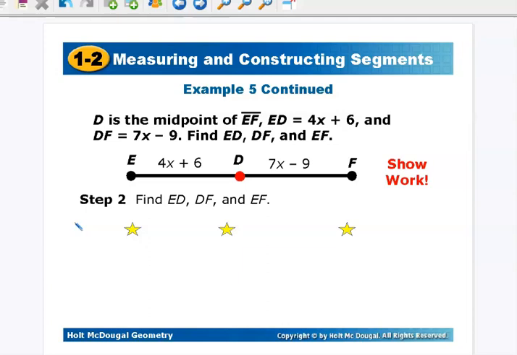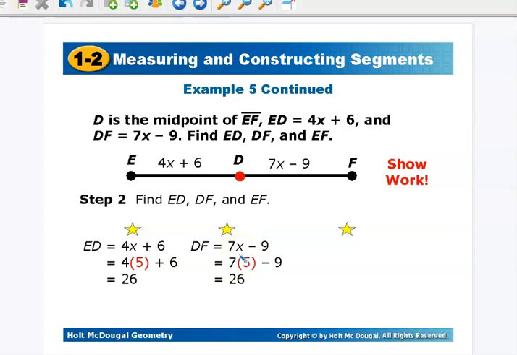All right, so we know what x is, but we still need to find out what those lengths are. Piece of cake. It's simple and easy. We're going to substitute that value of x in, which is 5, and simplify. So ED is 26, and guess what? Even though I can substitute 5 in for x for DF, it should also be 26.